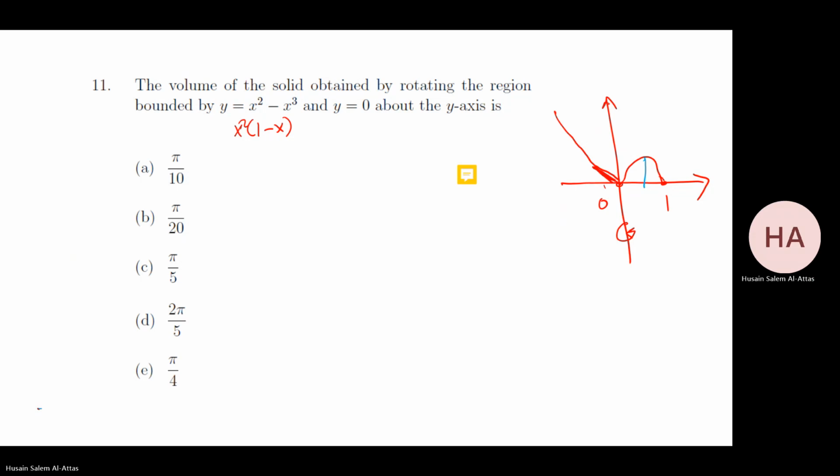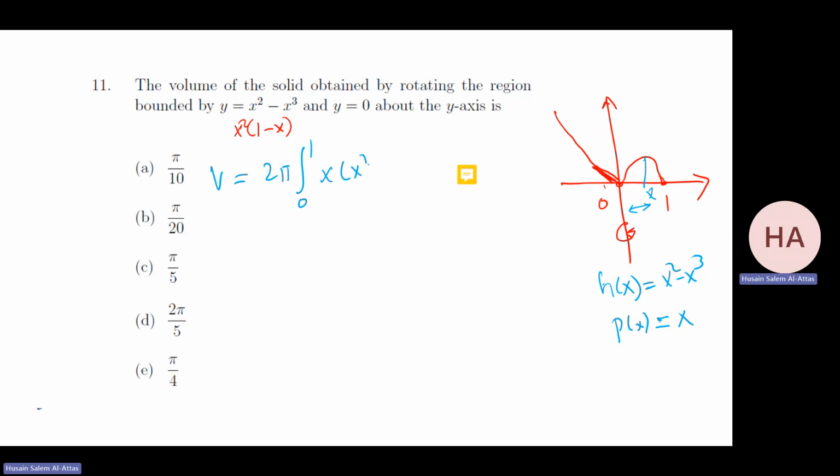So what is h of x? It will be the function. p of x will be x. And from where to where? From 0 to 1. So the volume will be 2 pi integral from 0 to 1 of x times x squared minus x cubed dx.